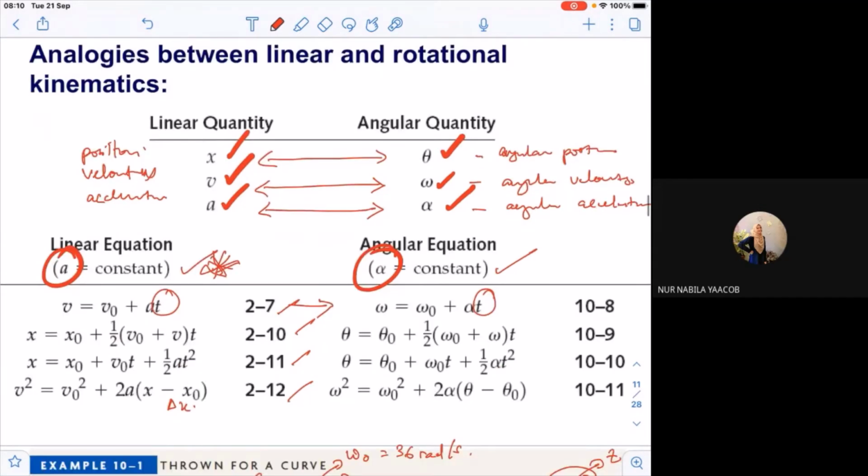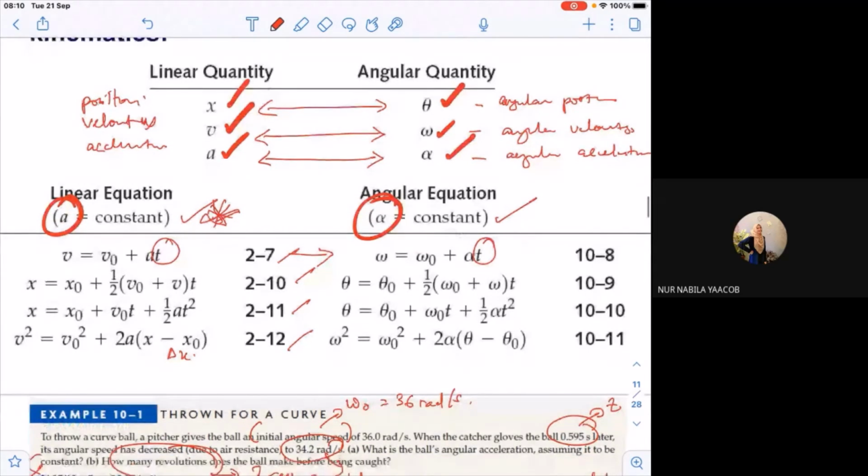When we look at the bigger picture, we can use it in terms of equations. If you look carefully, v equals v naught plus at in linear equations. If you make it into angular equations, it becomes omega equals omega naught plus alpha t.